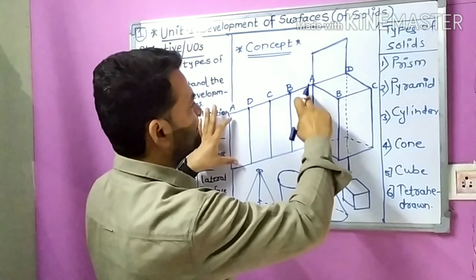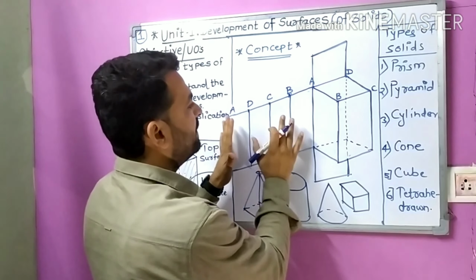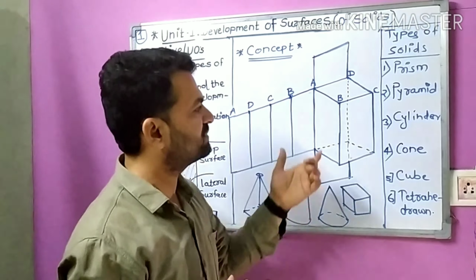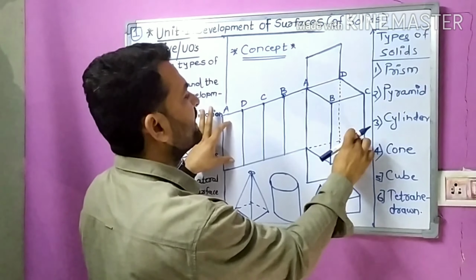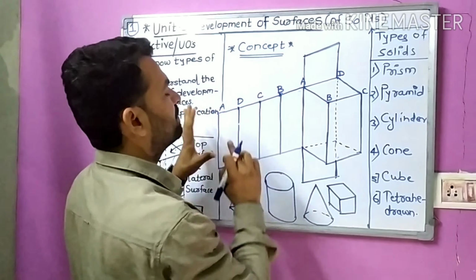This plane part is known as the development of the surface of the solid. So this is the development. This is the development of the square prism.